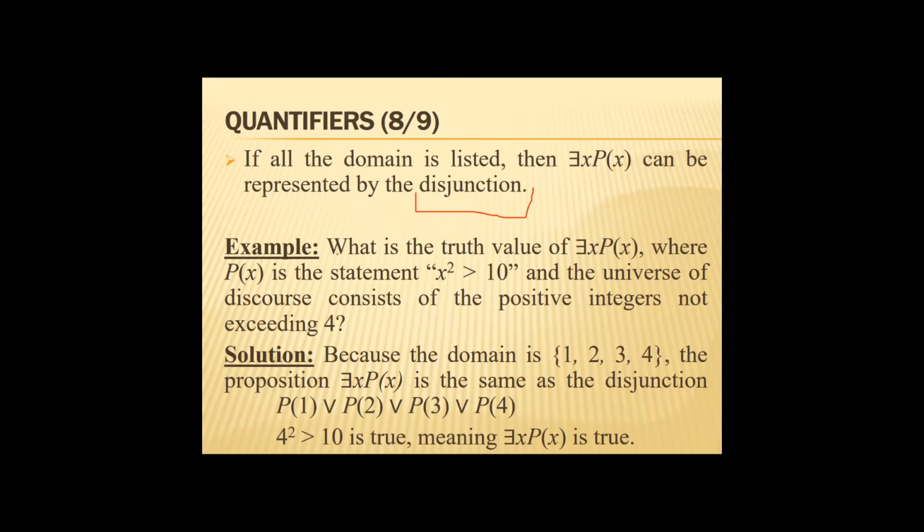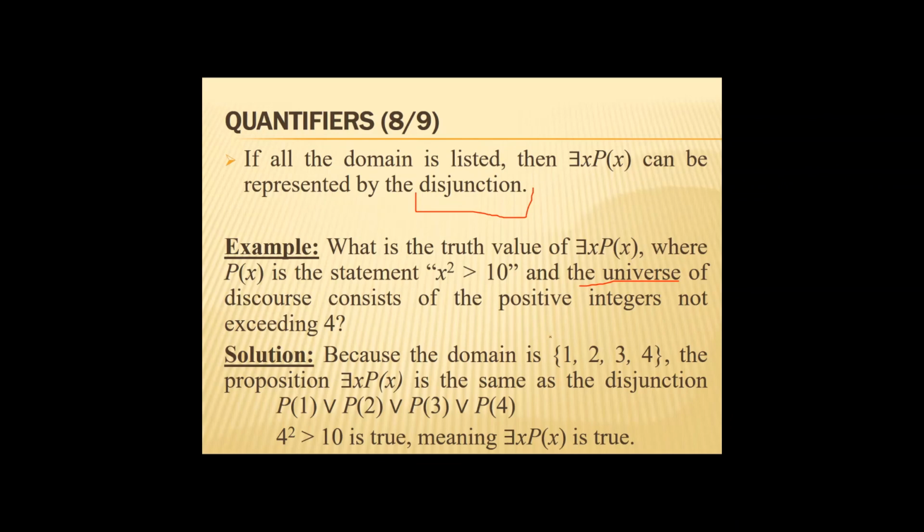Let's take a quick example. What's the truth value of there exists a value of x such that P(x) is true? P(x) is the statement x squared greater than 10. And the universe, the whole set, the discourse, consists of positive integers, starting from 1, not exceeding 4: 1, 2, 3, 4.